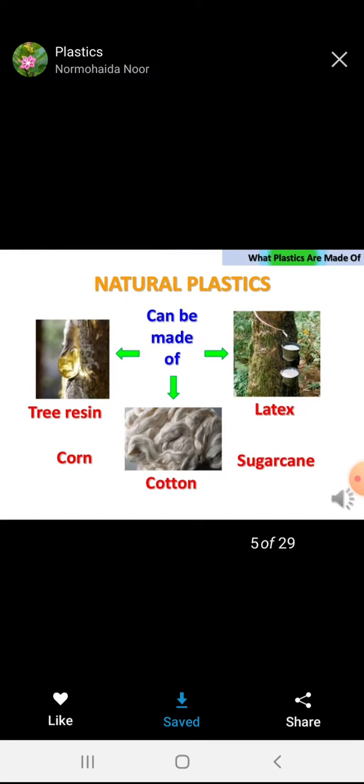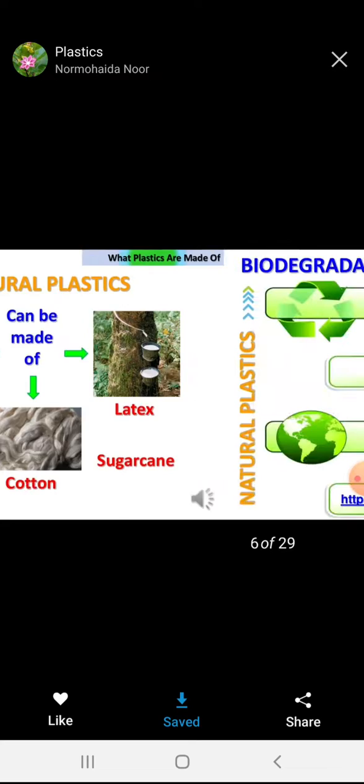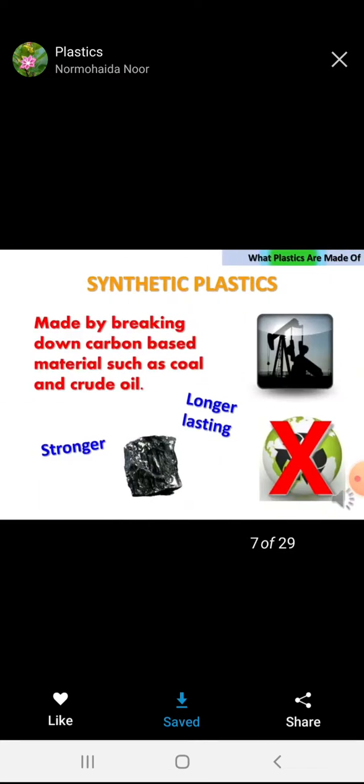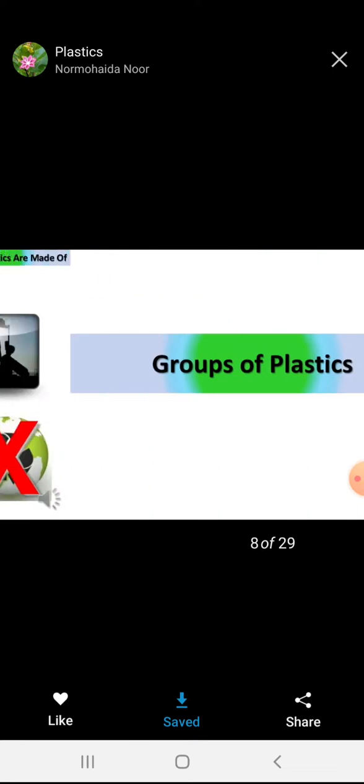Natural plastics can be tree resins, cotton, latex. And synthetic plastic is made by breaking down carbon-based material such as coal and crude oil. This is nothing but synthetic plastic.